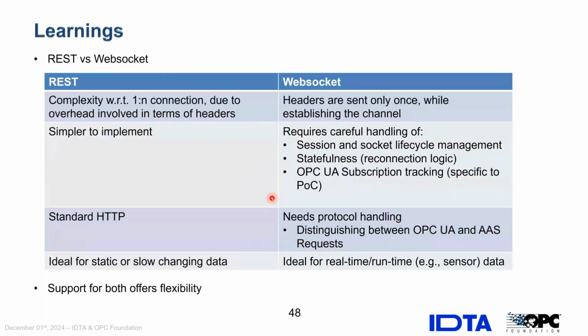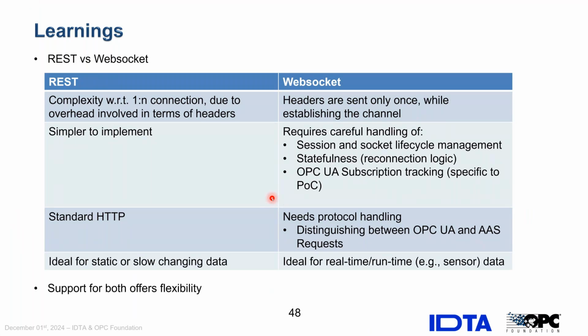Now, just like Niels and Constance, I also had a lot of takeaways while working on this POC. This was the first time that I was working with WebSocket, so naturally the comparison between REST and WebSocket was going on in my head.